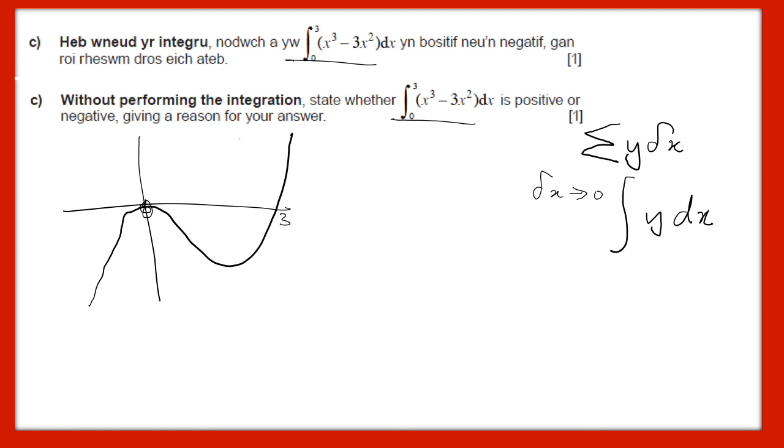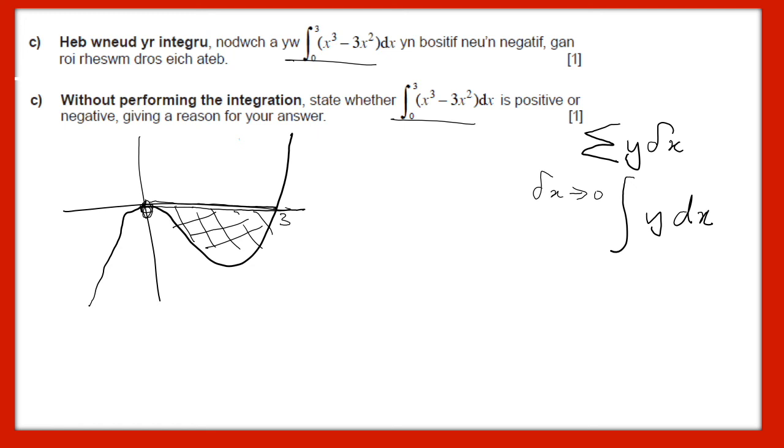So if we look at the bit we're interested in between 0 and 3, we've got this section here. And because we tend to be biased and consider things that go up to be positive and things that go down to be negative, then clearly because it's below the axis, it's going to be negative.